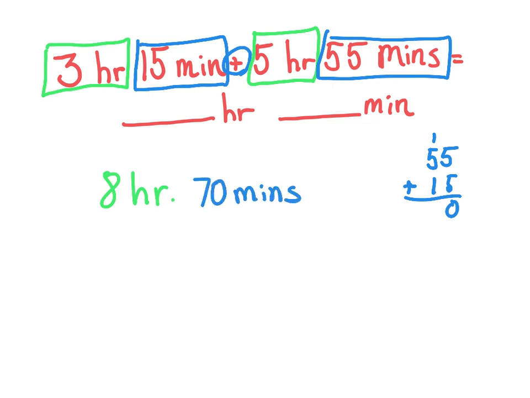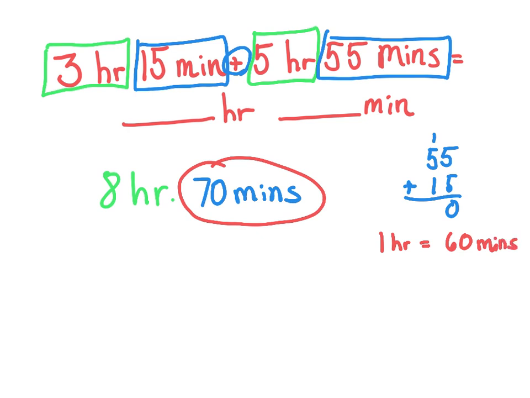All right, but we can't leave that. We can't leave 70 minutes. We need to pull out an hour out of there. We know that 1 hour is equal to 60 minutes. So let's pull out 60 minutes, which gives us an extra 10 minutes.